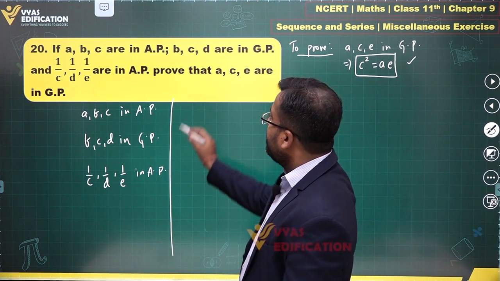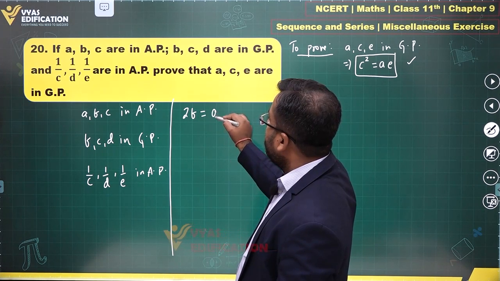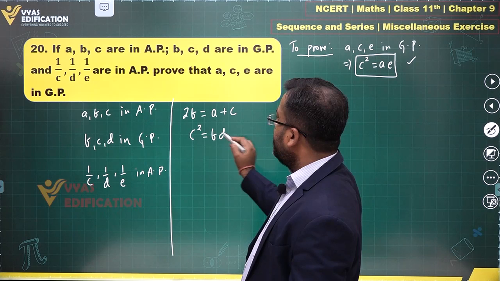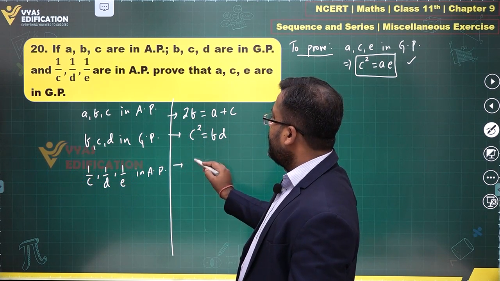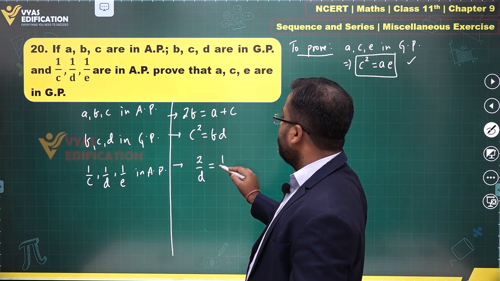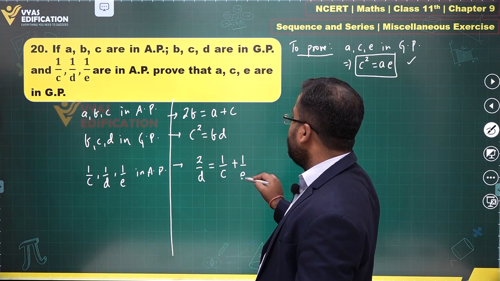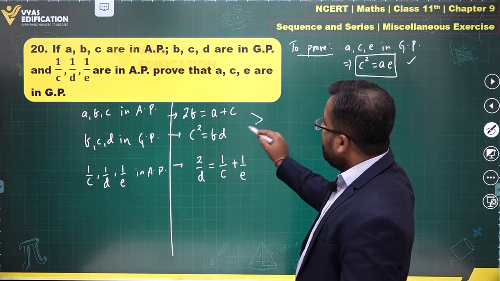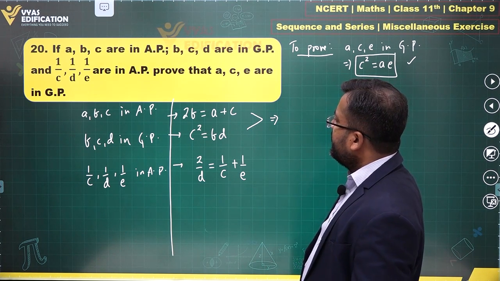Let's do that. So 2b is equal to a plus c. Then you have c square is equal to bd from here. And you have 2 upon d is equal to 1 upon c plus 1 upon e from here. Yes? I can eliminate b between these two, and where does that take me?